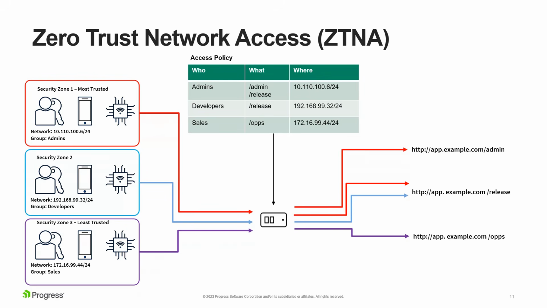Based on that network, the rule will say, okay, you are a member of the admin group, so I will give you access to the following resources, and so on and so forth. So these content rules are extremely powerful. And again, this is a way of getting started with zero trust: you get to nothing unless you're explicitly allowed.